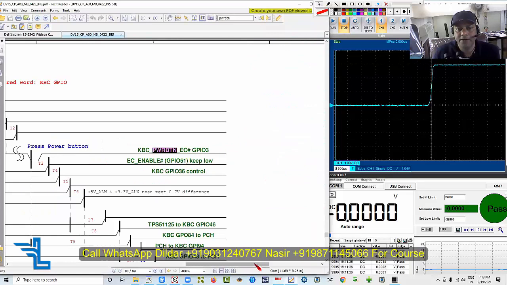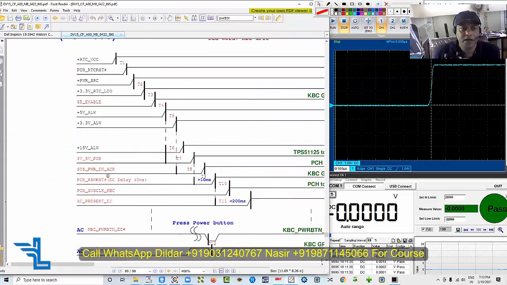Okay, now here we need to check the SUS power DNACK, also PCH RSM reset. DNACK is something which will turn on; if the board has no display, then you need to check these signals. I will check it later.